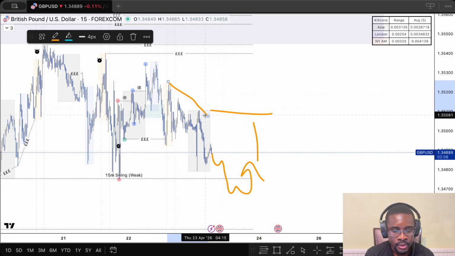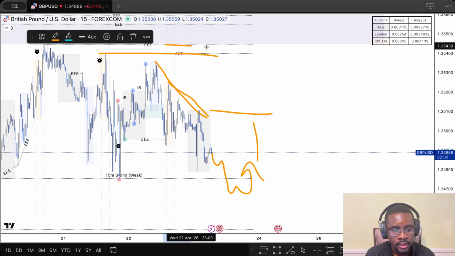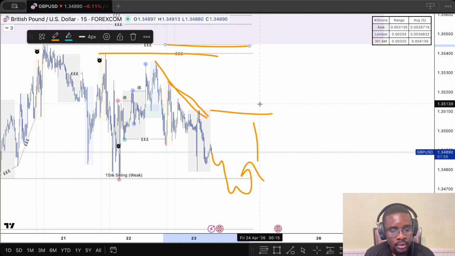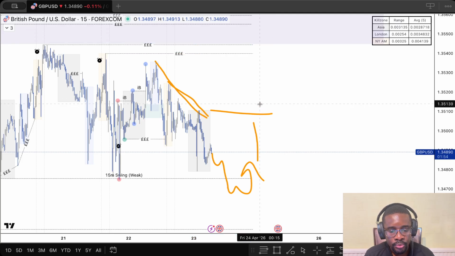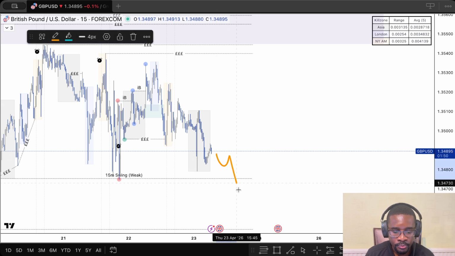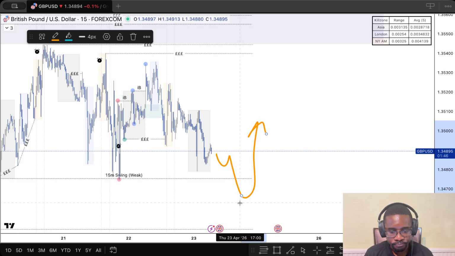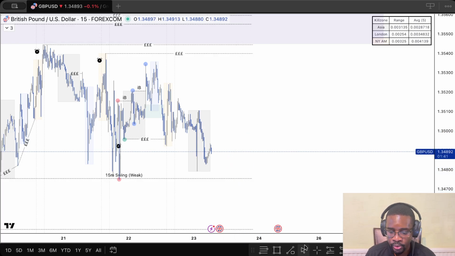We do see a bit of trend line right there. It's just like that, and then we have that high and all these highs that are resting at the top as well. Okay, so right now for the pound, I think mainly my bias is this, and then we look to go up. That's it. That's all I'm waiting for.